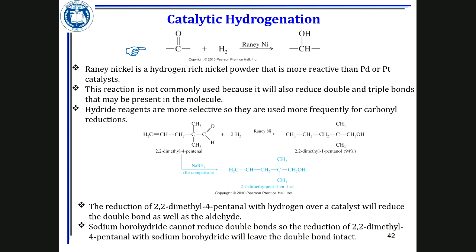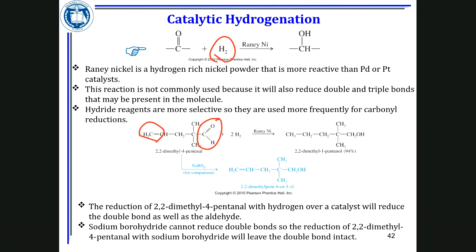Hydrogen with nickel, the H2 with nickel, is going to reduce the carbonyl and is also going to reduce the carbon-carbon double bond, as in the example I had earlier. So you are going to see no carbon-carbon double bond.